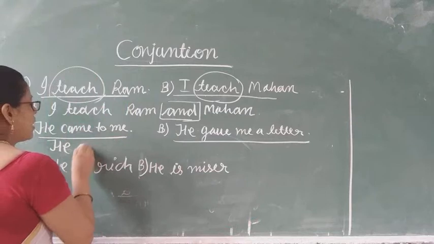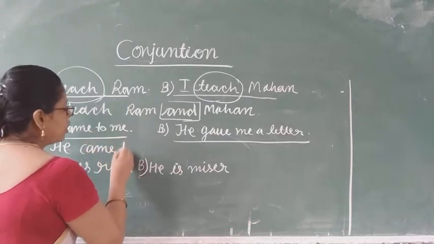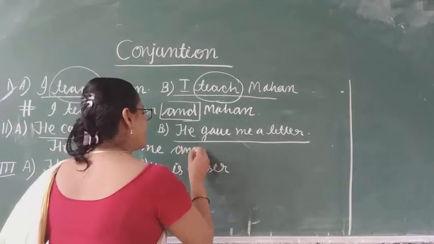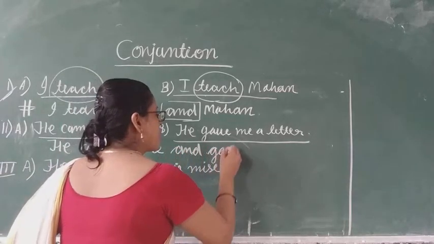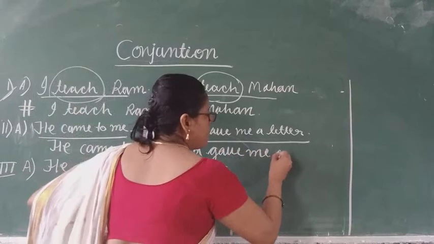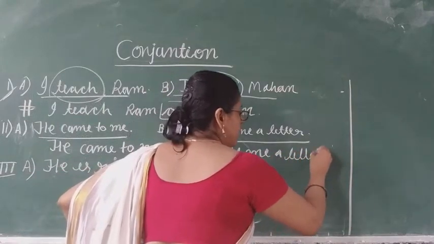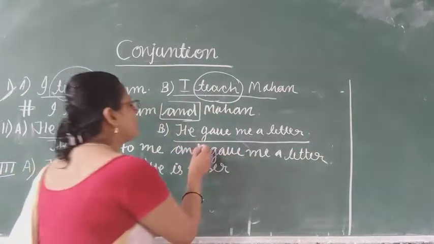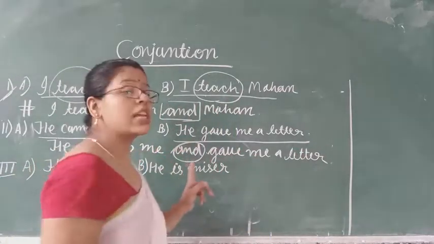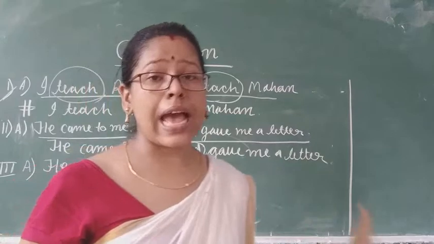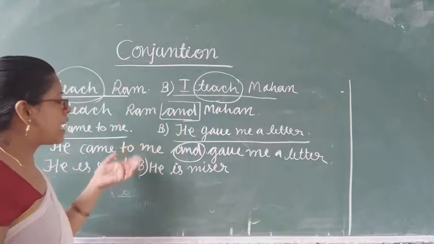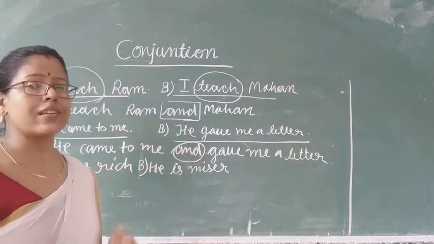He came to me and gave me a letter. So here also I have joined the two sentences with the help of coordinate conjunction, and in this way you can see here how I have used here the coordinate conjunction.